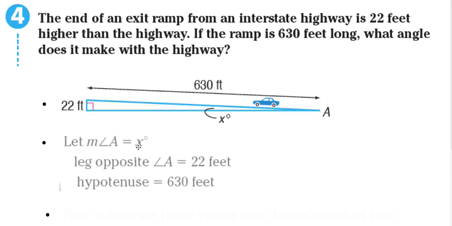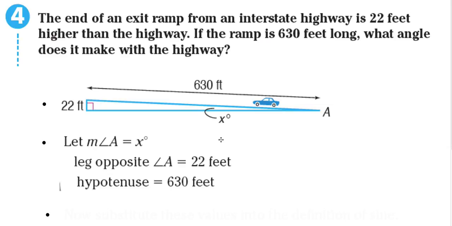So what do we know? We want to find the angle x, and what is given is the hypotenuse, which is 630 feet, and the opposite leg of angle A, which is 22 feet. So if this is angle A, 22 feet is the opposite leg, 630 is the hypotenuse.